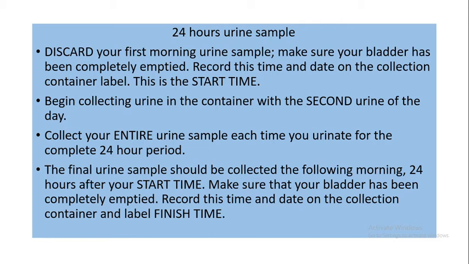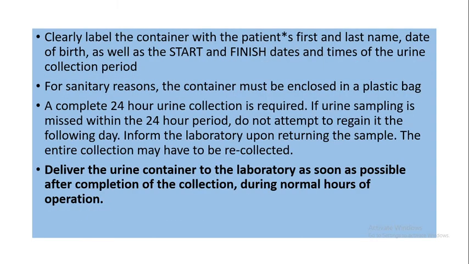So the start time is the second urine of the day, and the finish time is the first urine of the following day. So that constitutes your 24 hours sample. Now, like in midstream urine also, I said that labeling of the container is very important, so it should be well labeled.